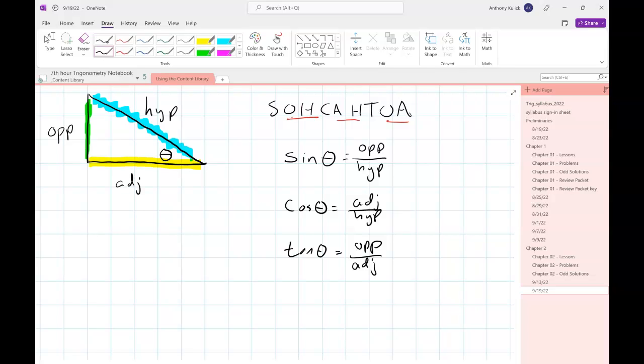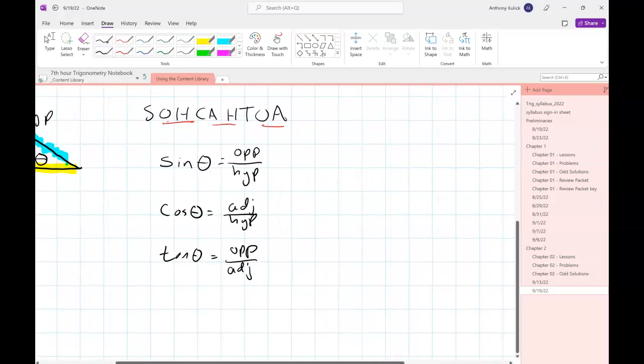Or hypotenuse over adjacent, or adjacent over opposite, right? Like, why not have those things? Anybody have a reason why not? Good. It's just because we didn't tell you about them. There are trig functions named for those ratios. Let's tell you about them right now.